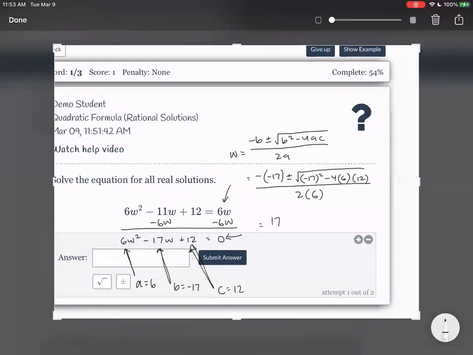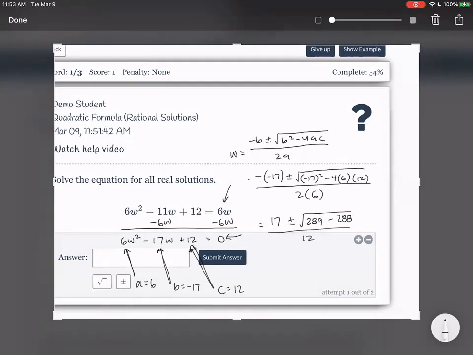Negative 17 is just 17, plus or minus the square root of, and then on our calculator, because I don't expect you to know what 17 squared is, 17 times 17 is 289. Positive, because a negative square is going to give you a positive number. And then 4 times 6 times 12 will be 288. 2 times 6 is 12.